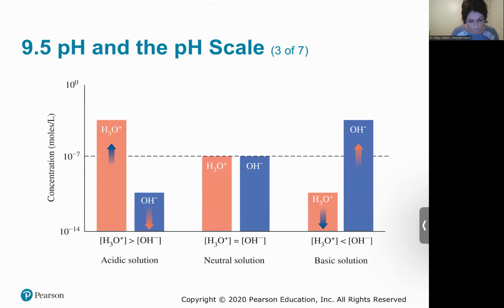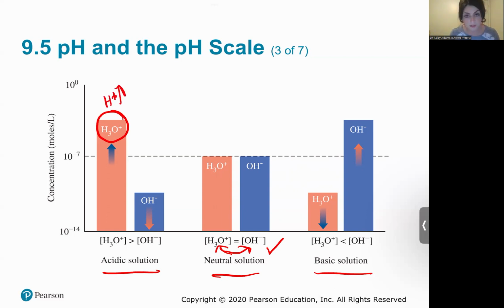So we look at this graph. It's telling us for our molarity for acidic, neutral, and basic solutions, what's happening with those ions. In a neutral solution, your hydronium ions and your hydroxide ions are going to be equal to each other. But if it's acidic, you're going to have more hydronium ions and less hydroxide, so there's this sort of seesaw going on.